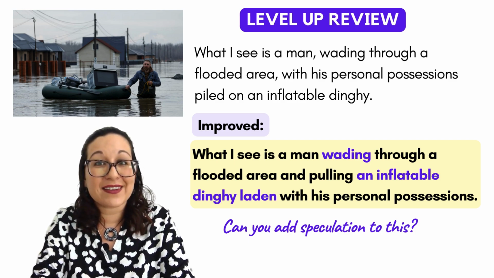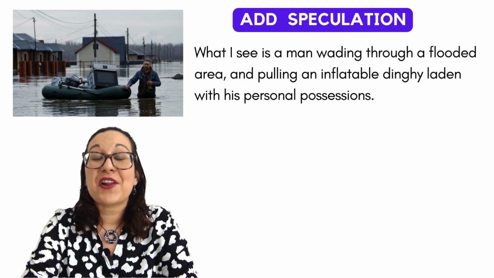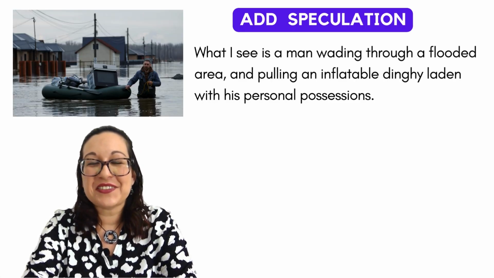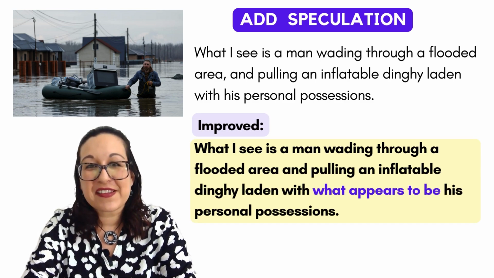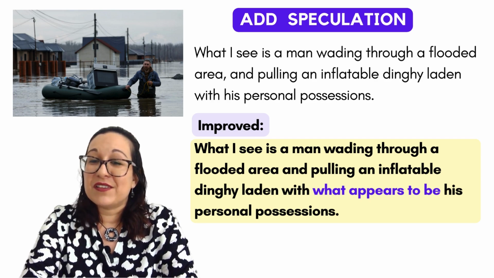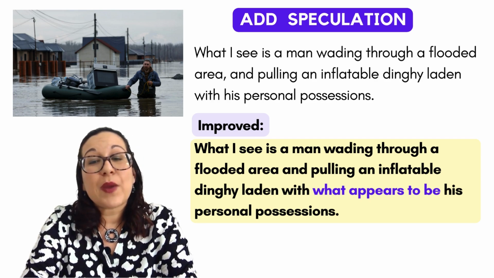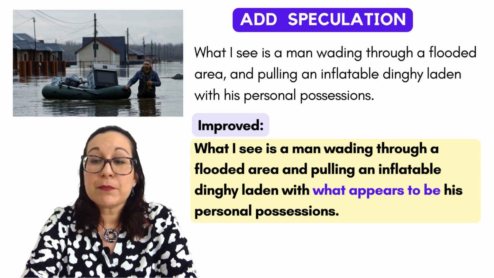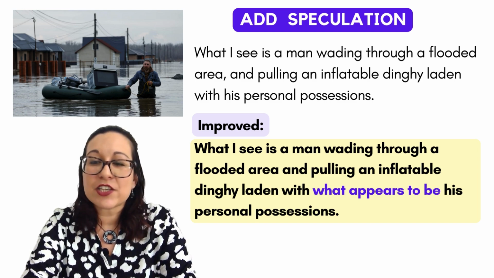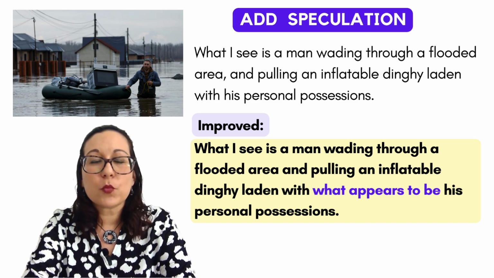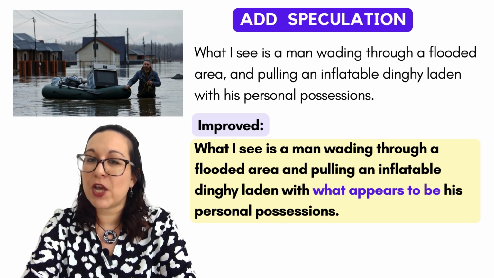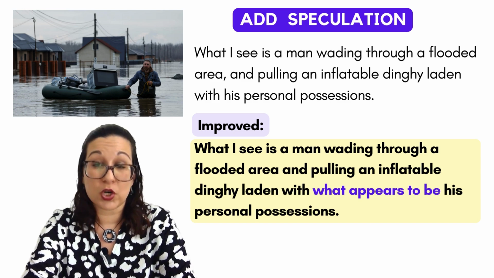How are you going to add speculation? Remember, there are lots of different ways to do this, so you could just put in what appears to be. So what I see is a man wading through a flooded area and pulling an inflatable dinghy laden with what appears to be his personal possessions. Remember, lots of different ways of doing this. This is not the only correct way. It's just one option.